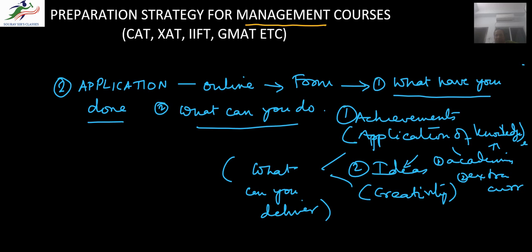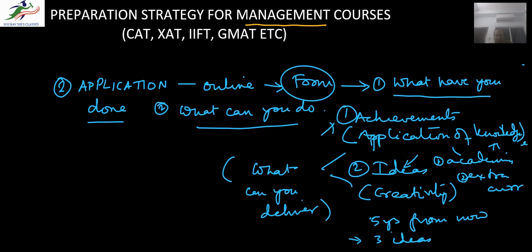And then you have to talk about your ideas, like where do you see yourself 5 years from now, or what are the top 3 things that you bring to the table, 3 ideas. So these kind of questions will appear on the application form, and you have to summarize your achievements and ideas.